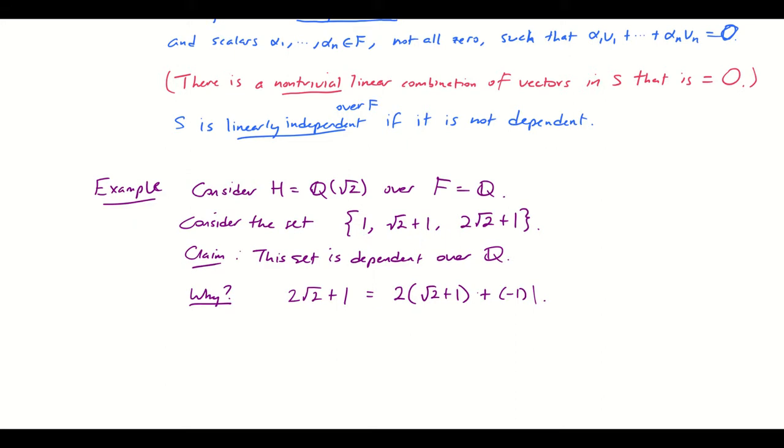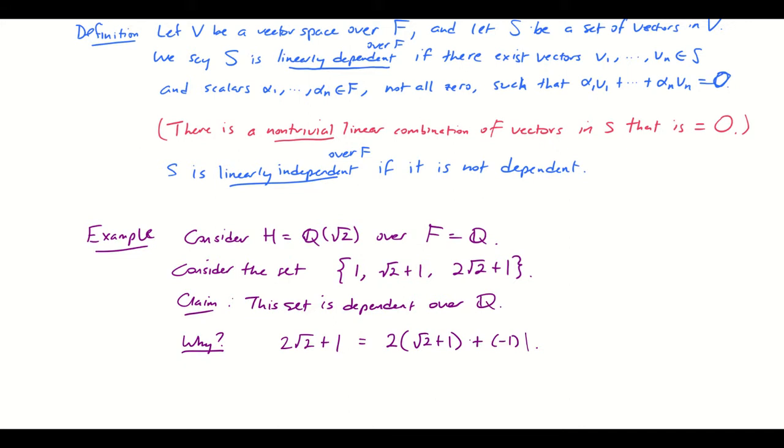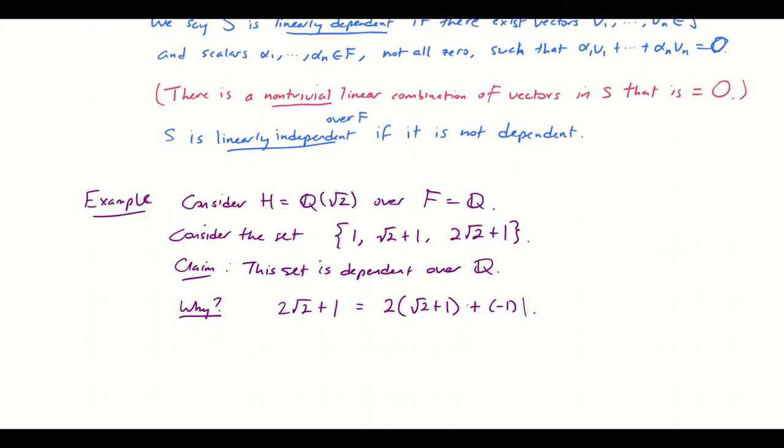Now that's not exactly my definition. My definition says that my set's dependent if there's a non-trivial linear combination of the vectors that is equal to 0, and that's not exactly what I've done. But I can retool this into that. I can take this equation and move these two terms to the other side. So rewrite that as 1 times 1, plus negative 2 times (root 2 plus 1), plus 1 times (2 root 2 plus 1).